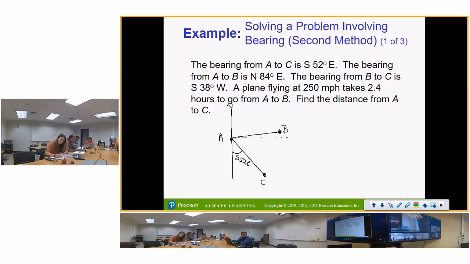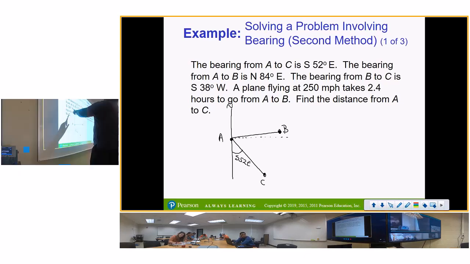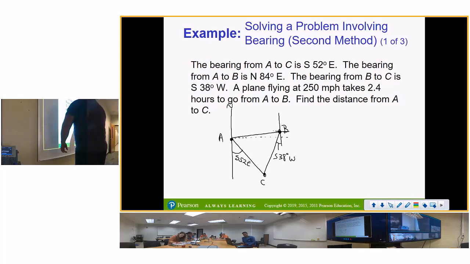Bearing from B to C is south 38 degrees west. I'm assuming, south 38 degrees west. And this is 84 north, 84 degrees east.